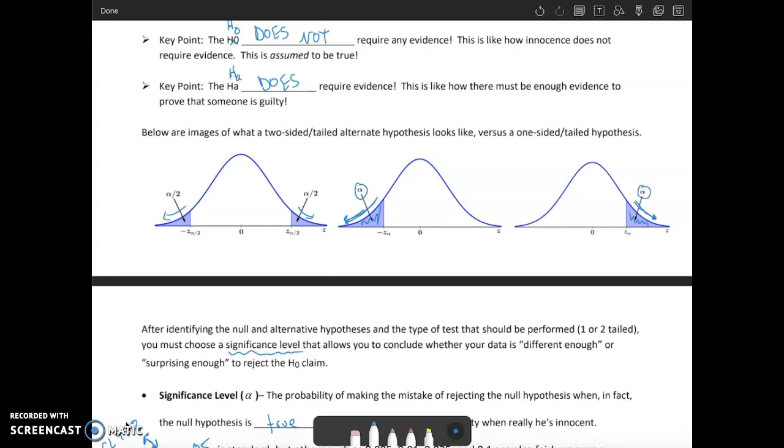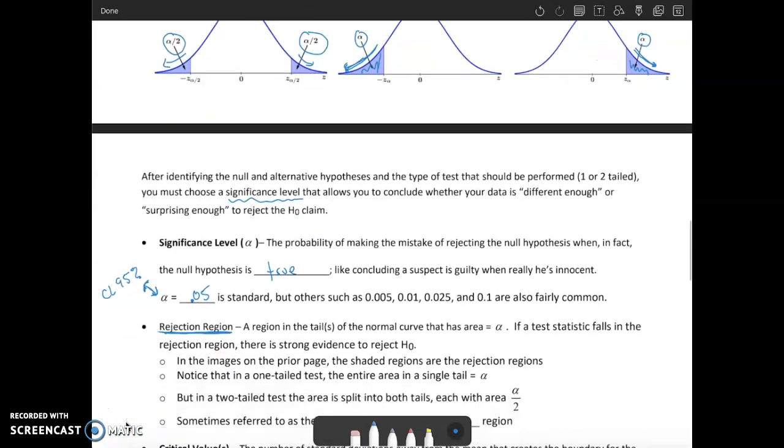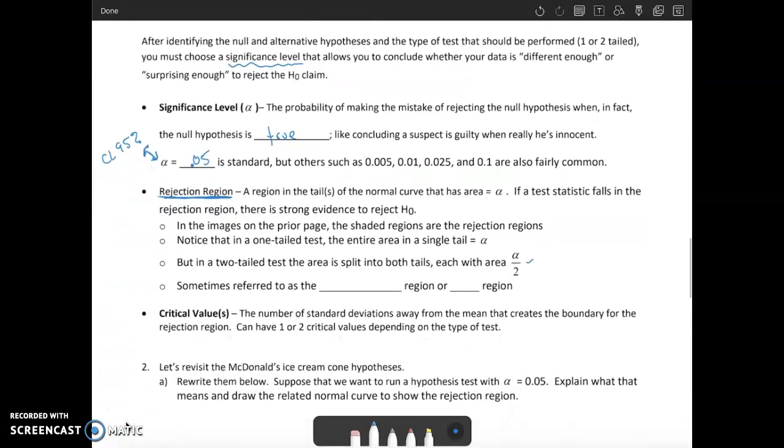But if we're doing a two-tailed test, the entire rejection region has to have an area of alpha. When it's split between two tails, each tail then has an area of alpha over 2. So that's what this next bullet point said.